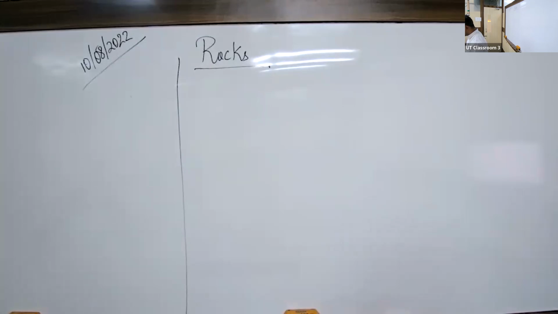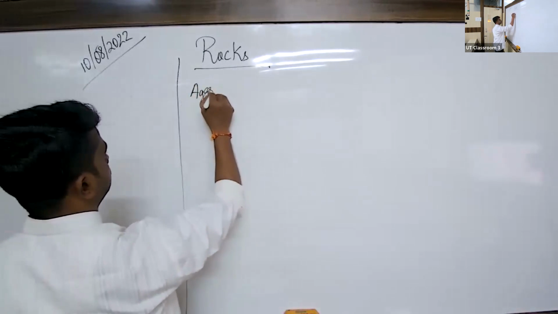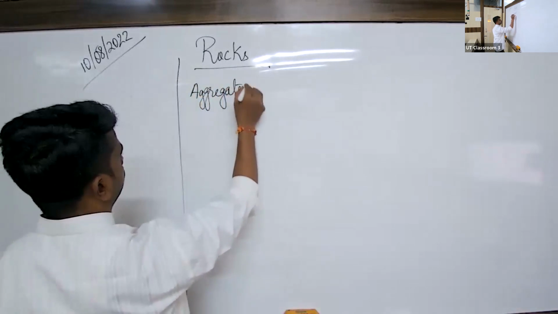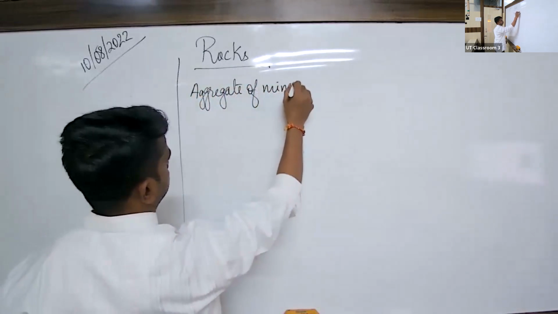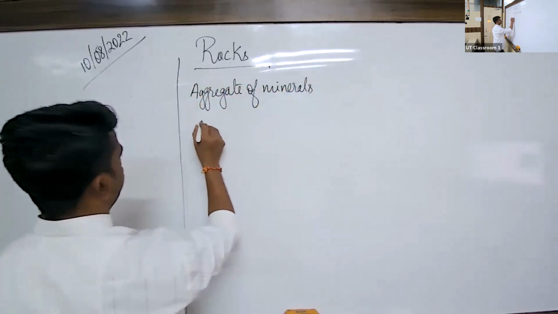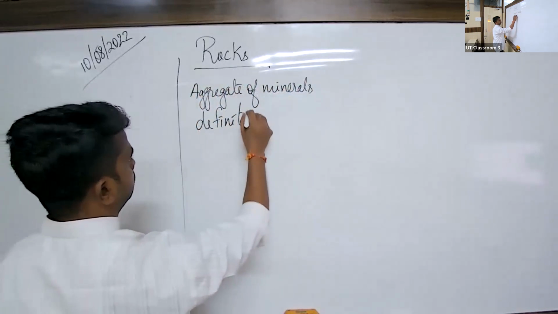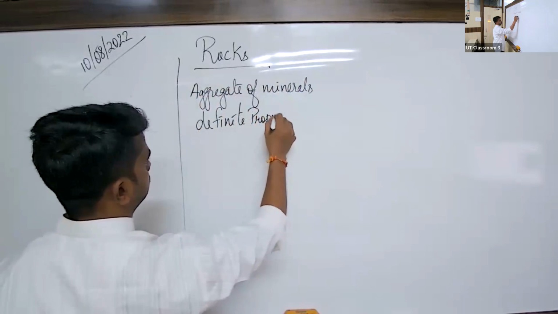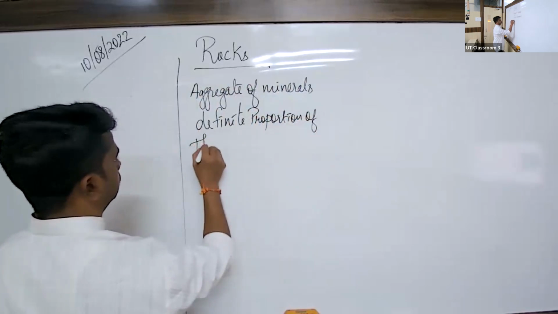Aggregate of minerals with more or less definite proportion of the Earth's crust. Of the Earth's crust.